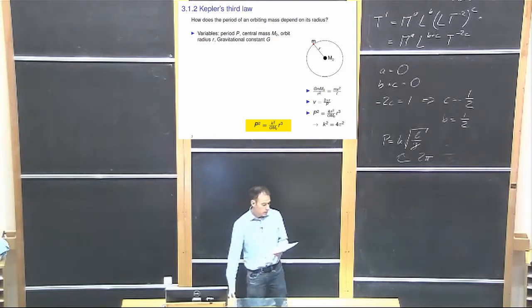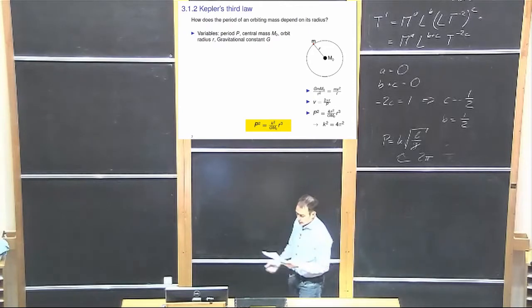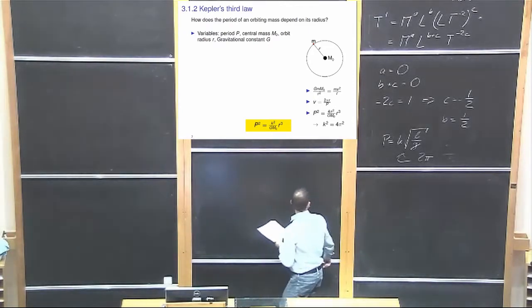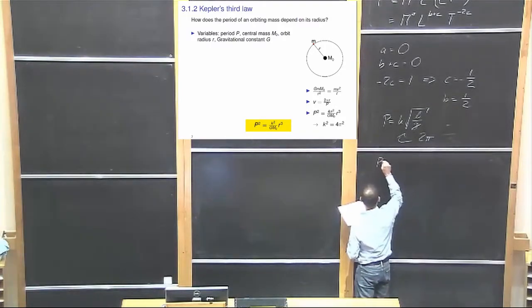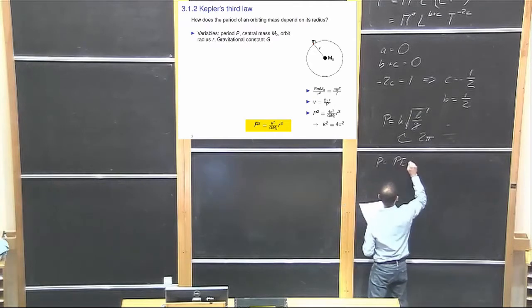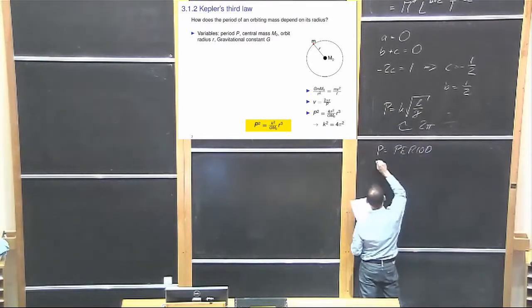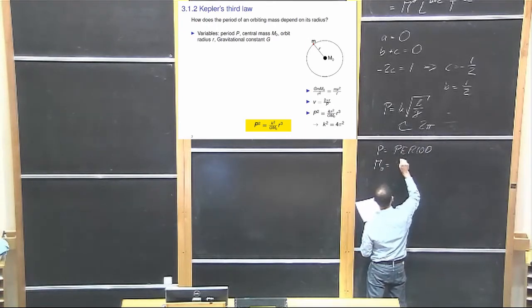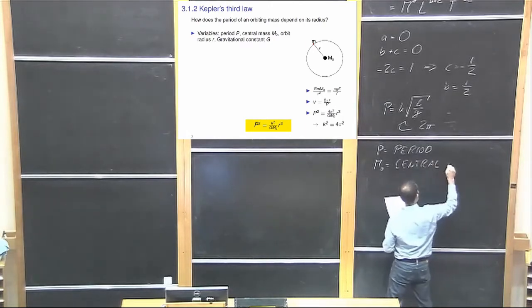Now, again, how does the period depend? There are the variables which we're going to use. So we're going to use the P, again, the period. The m0 as the mass of the central mass.